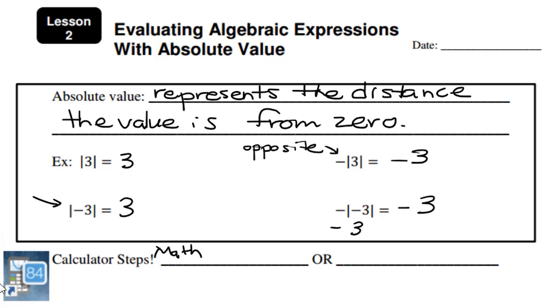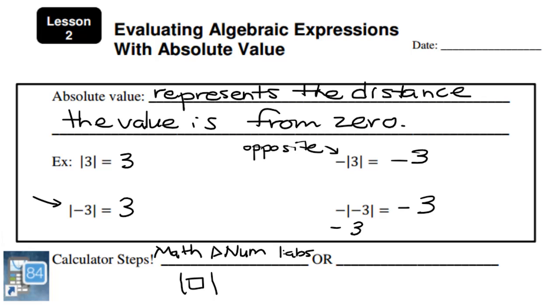Then you're going to arrow over to num. And then it is the first choice, choice number 1. And it says abs. And then once you hit enter on that, you will get the absolute value bars with a box in the middle. So math, arrow over to num, is choice 1, abs, A-B-S.